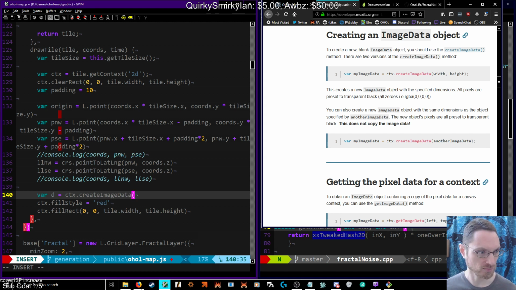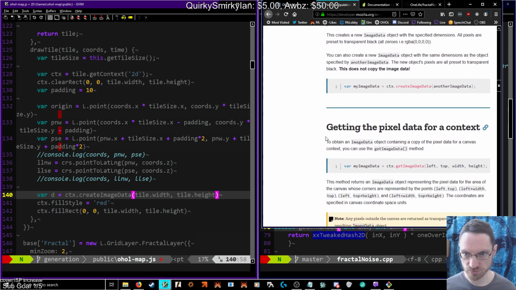Width height is tile size. Oh, we've also got a tile width, tile height. All right, so we've got a data. I guess one thing we could do with this, present our transparent black.